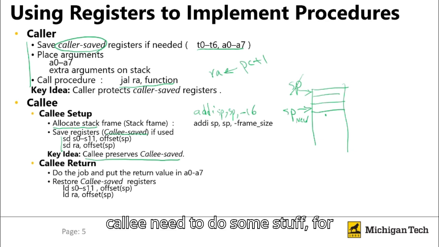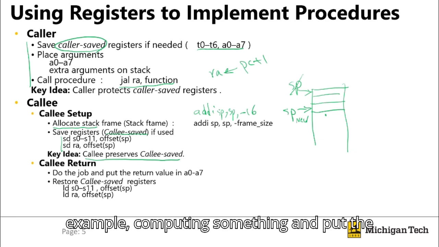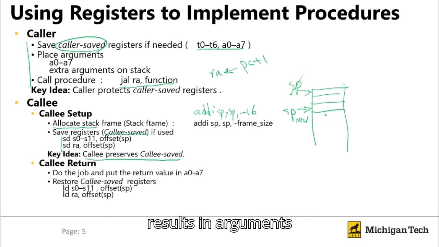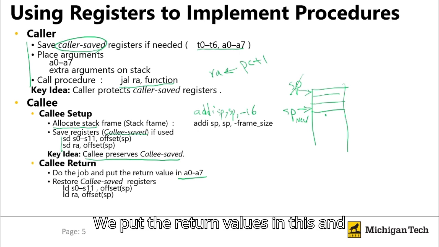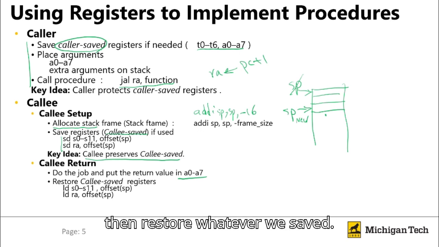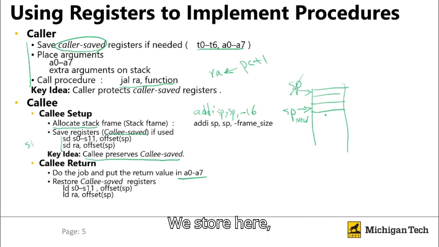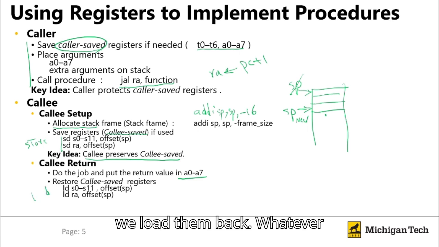So the callee needs to do some stuff, for example, computing something and putting the result in argument registers. We put the return values in these, and then restore whatever we saved. We stored here, we load them back. Whatever we stored in the stack, we return them back, load.